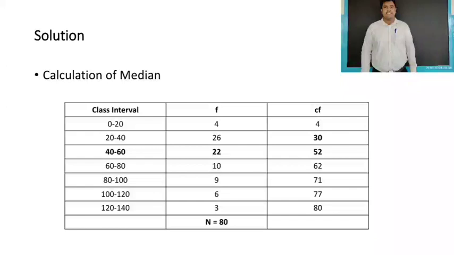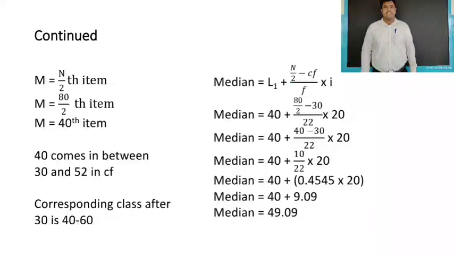Next for the 30 I'll add 22 and get the cumulative frequency of 52, and I go on doing this till the last frequency. Now I'll apply the formula n by 2th item. Since it is continuous data, n refers to the total of frequency, that is 80, divided by 2, I get 40. Now I'll try to identify where 40 comes.